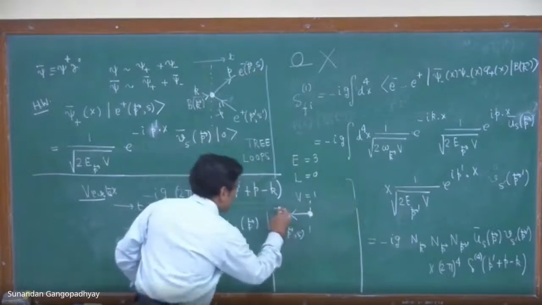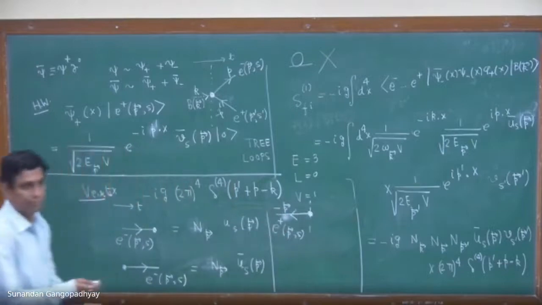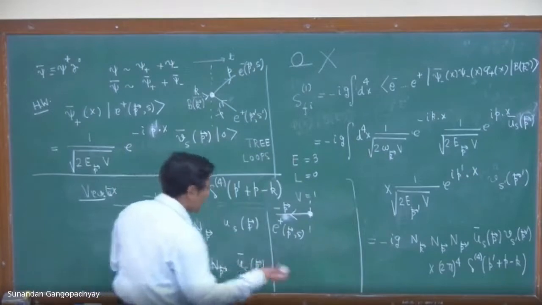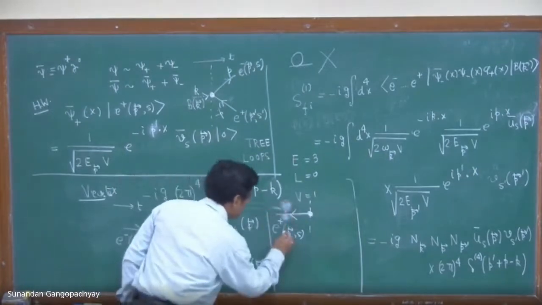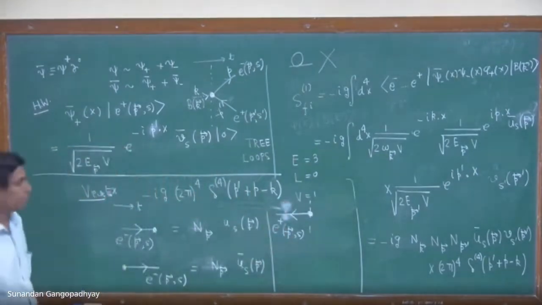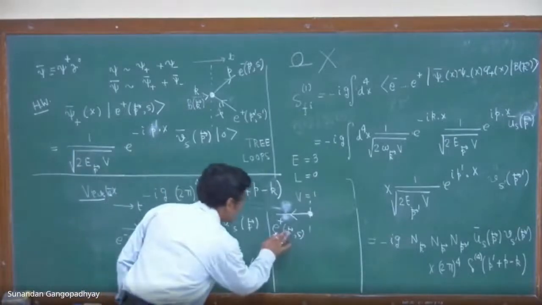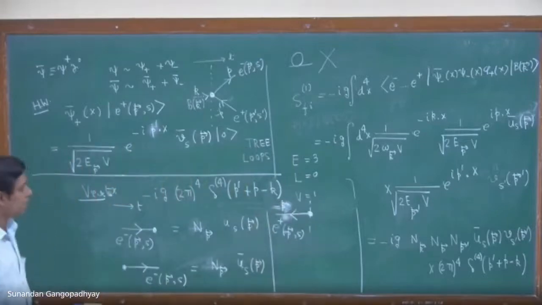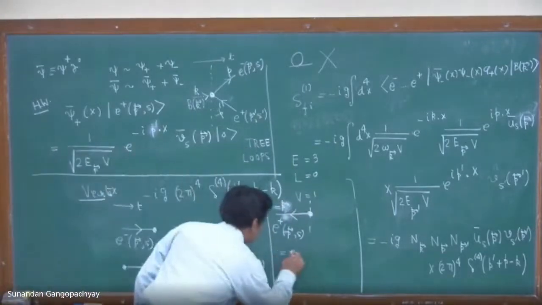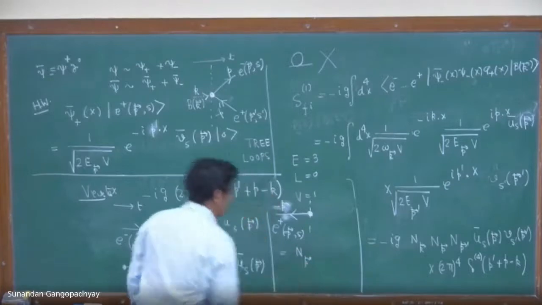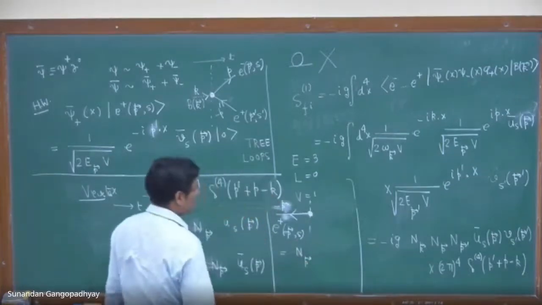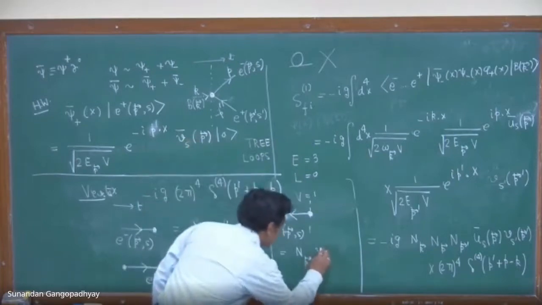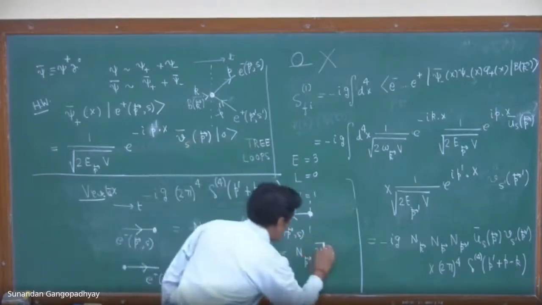But this is basically minus p, so that means it is forward p in this direction. Or alternatively, some people also write it in this way. Everything else is the same, and this is basically N_p. Once again, you know what this factor is. Since this is positron annihilation, annihilation means it will be v̄_s.